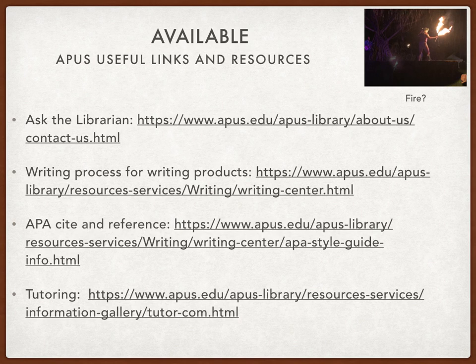So APUS has some great resources at your fingertips or at the end of your mouse, however you look at it. So why play with fire if you can find out and get feedback before you hand in a paper for grading? For example, ask the librarian.